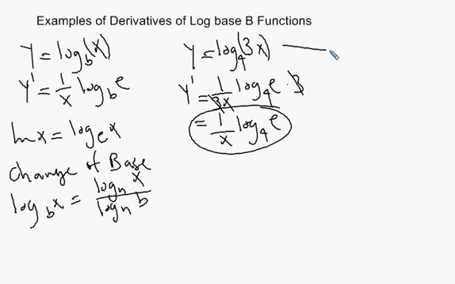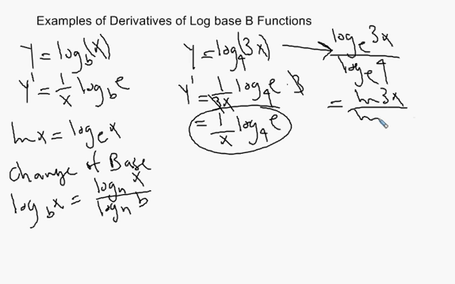So we can rewrite it as log base e of 3x over log base e of 4. Now, log base e is the same as natural log, so this is ln of 3x over ln of 4, right? And that we can rewrite as 1 over ln of 4 times ln of 3x. You don't have to rewrite it like that, but I do that in order to see that all that right there is a constant.